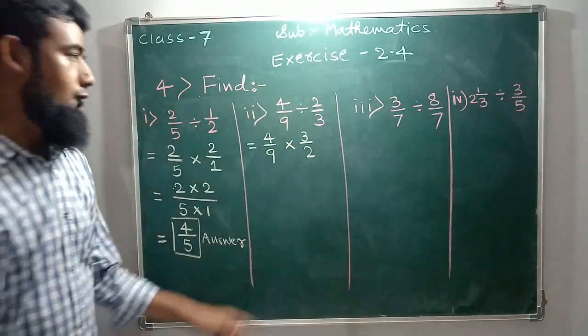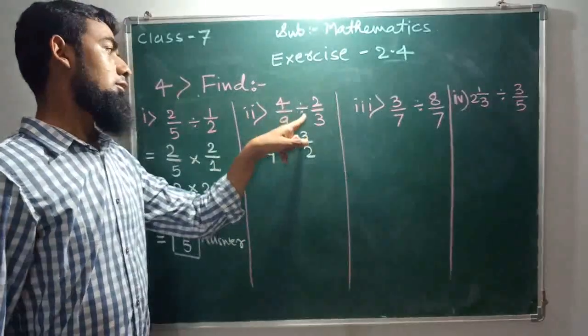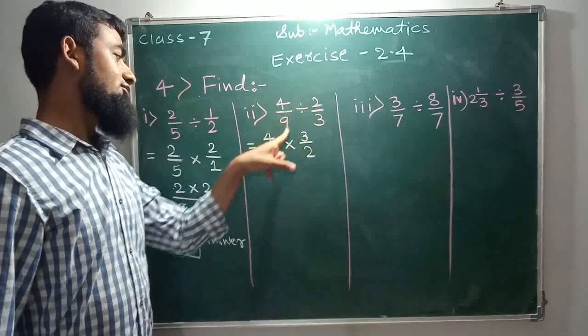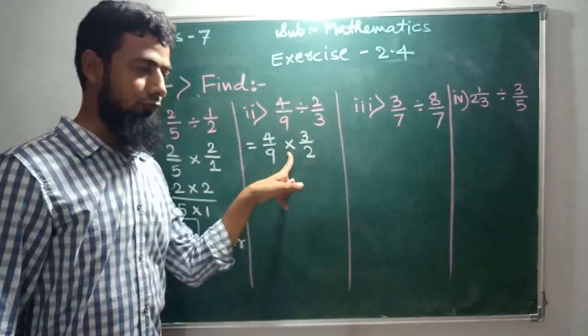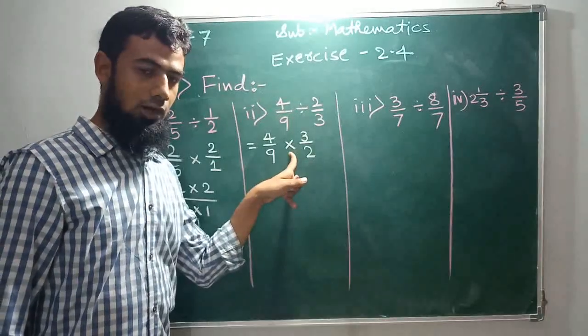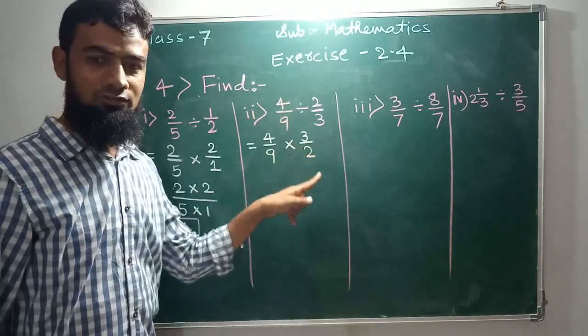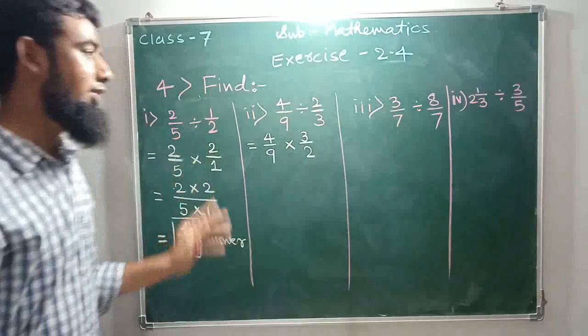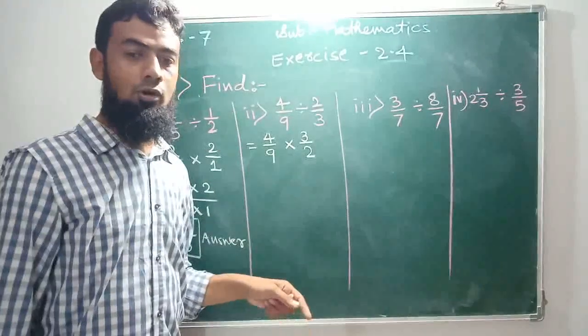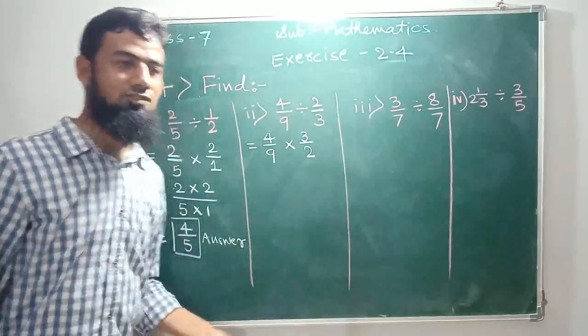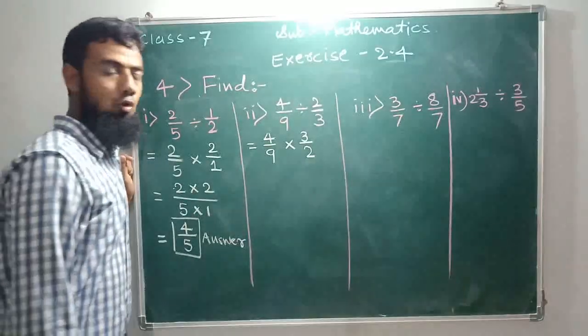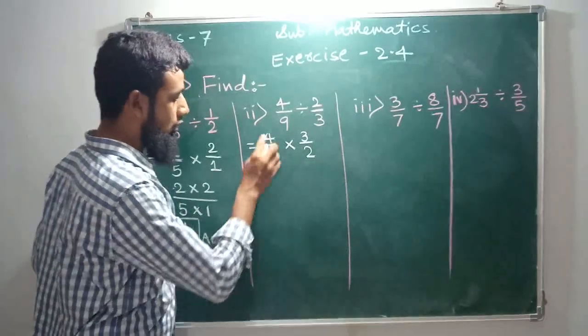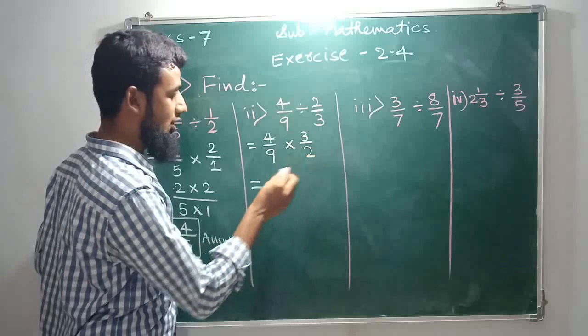While you are converting the division symbol into multiplication, we are going to exchange the places of numerator and denominator. It is also known as the reciprocal, which we have discussed in the earlier part. Now 4 upon 9 multiplied by 3 upon 2.